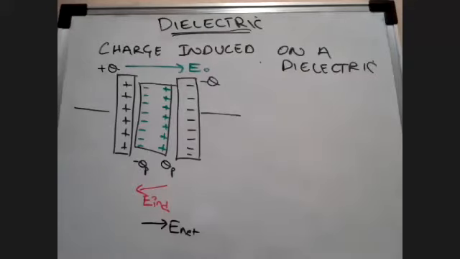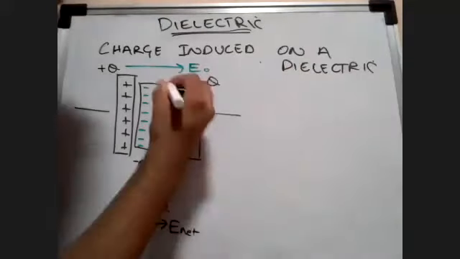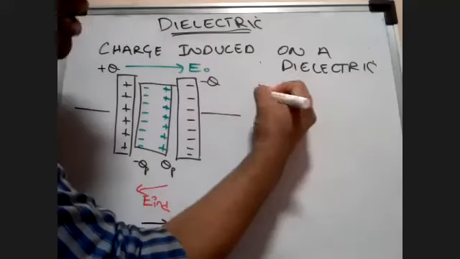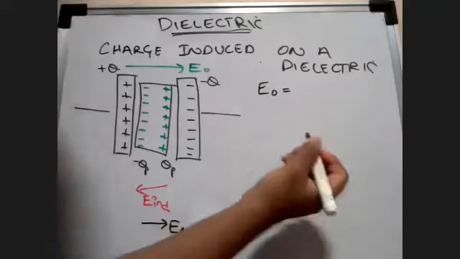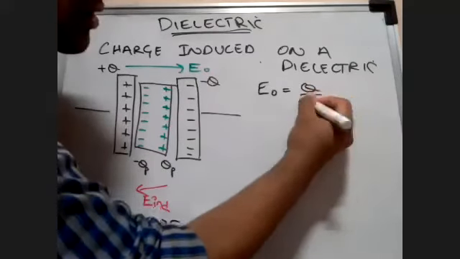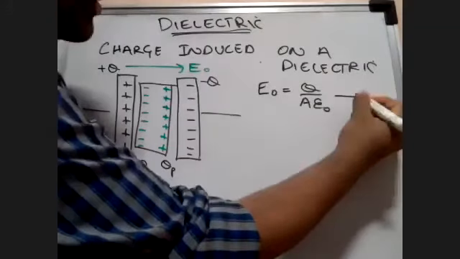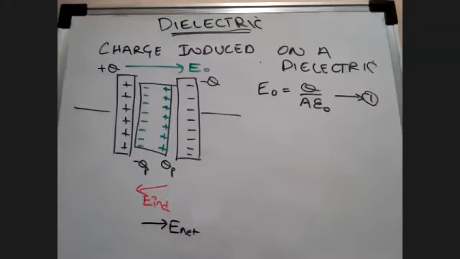So now look here. If I want to find out the magnitude of the external electric field between 2 points of a capacitor, what was it? Remember, E naught is equal to Q upon A epsilon naught. This is the first expression. What was the second expression, of E net?